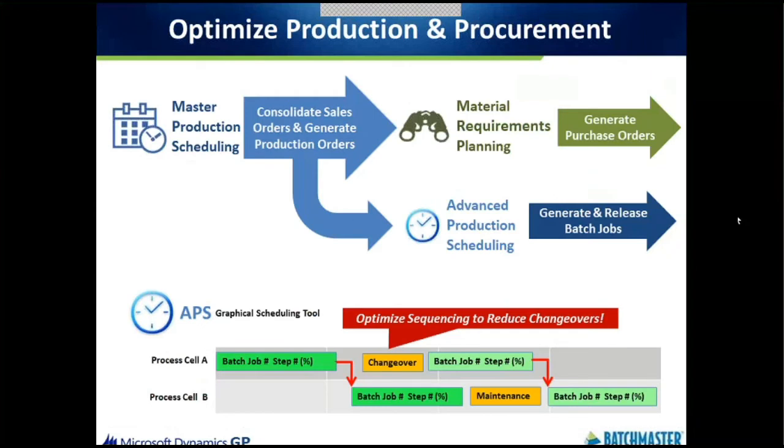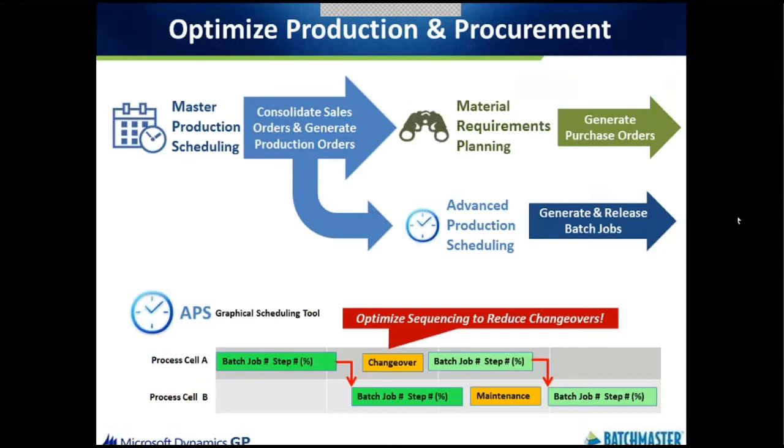Now, above and beyond the basic supply and demand reports that we offer, we do have MPS, MRP, and APS modules. MPS allows you to make better informed decisions about what production orders should be generated, how much you need to make, and when to make them. The APS manages batch jobs at a more granular level, at specific dates and times.